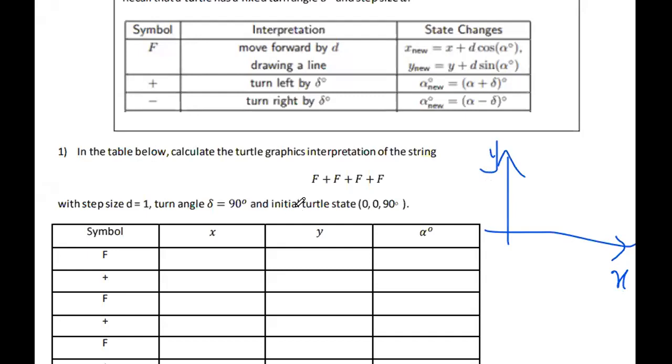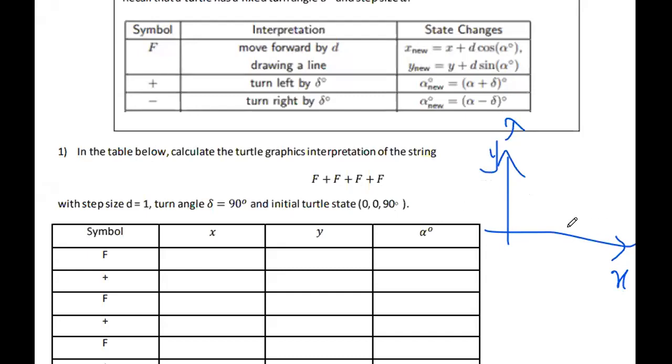The initial state of the turtle is given. The turtle is located at the origin here, and he's facing the upward direction, 90 degrees.